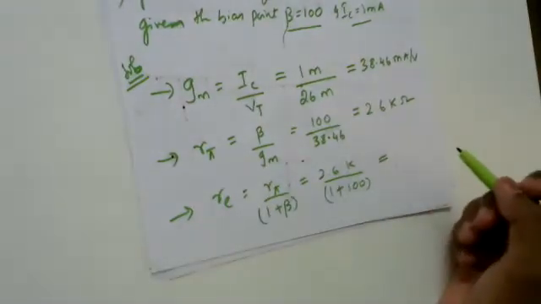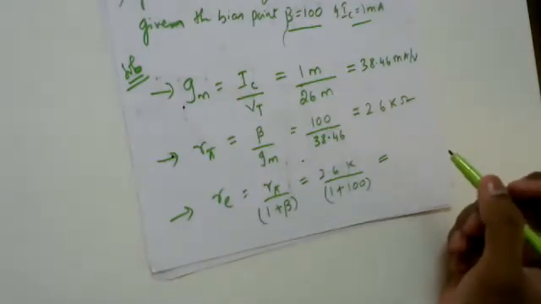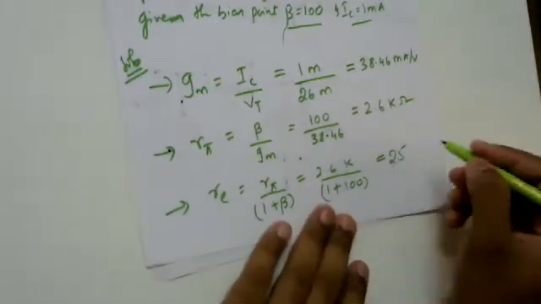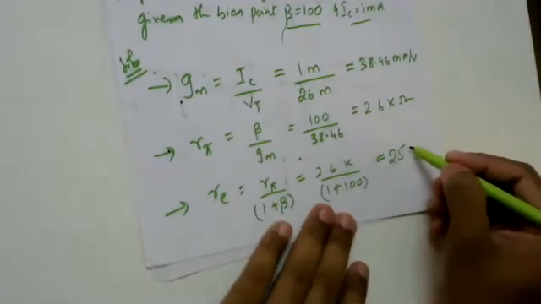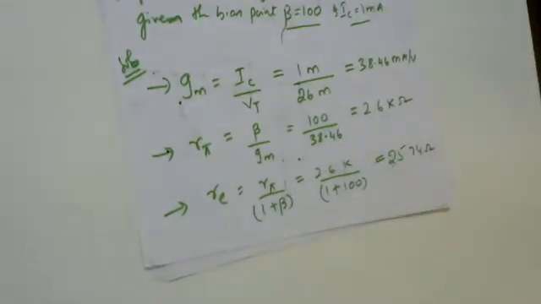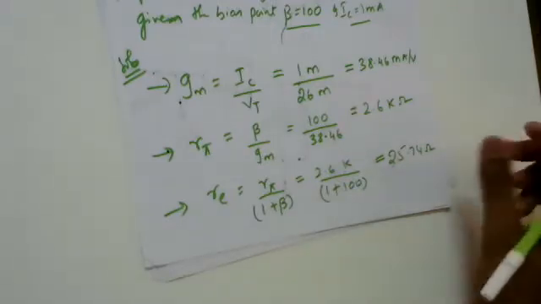Then what's the value of Re? It is standing as 25.74 ohms. Is it clear to you? Good.